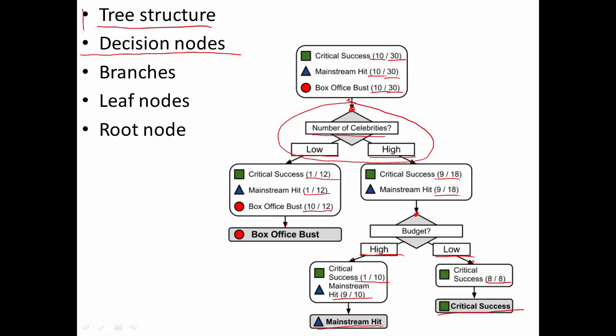This is the decision node, and all the data comes into the decision tree from the top, and then you start sorting through it. Whichever film you take, the number can either be high or low, and then you go the way it directs you. Now we have branches, which is what we looked at earlier, these 2 branches here, and we have the root node, which is where it all begins.